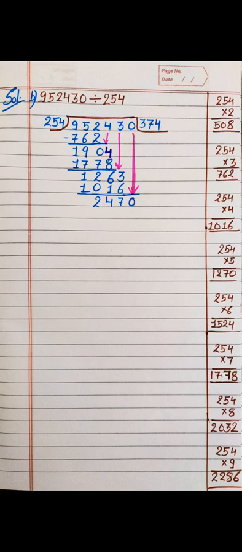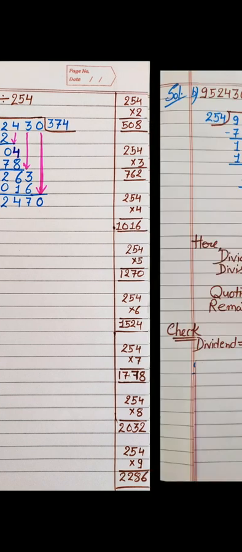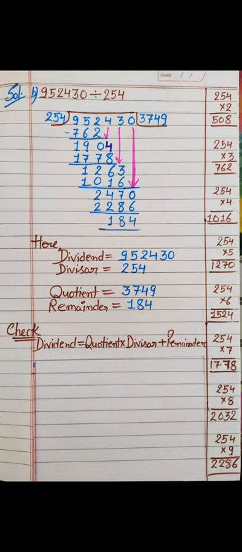Here 254 times 9 is 2286, so we will take this. After subtraction we get 184 as the remainder. Here the dividend is 9,52,430, divisor is 254, quotient is 3,749, and remainder is 184.